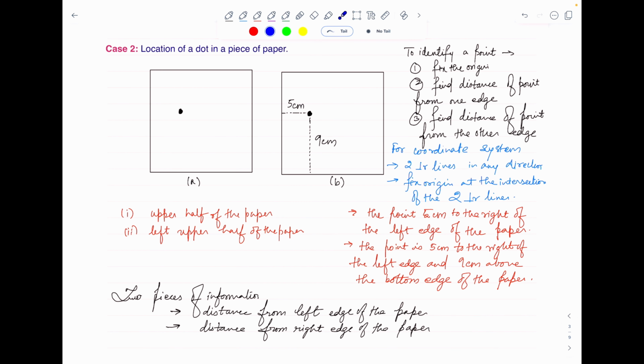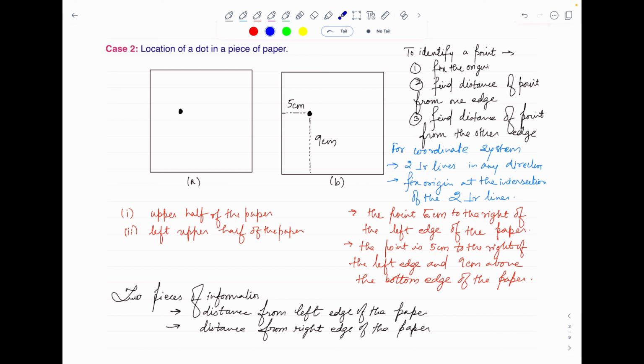Second, I told you to find the location of a dot on a piece of paper. What did we do? You said upper half, left upper half, both of them were correct, but those were not accurate, not precise. So I told Rohan to find the precise location.